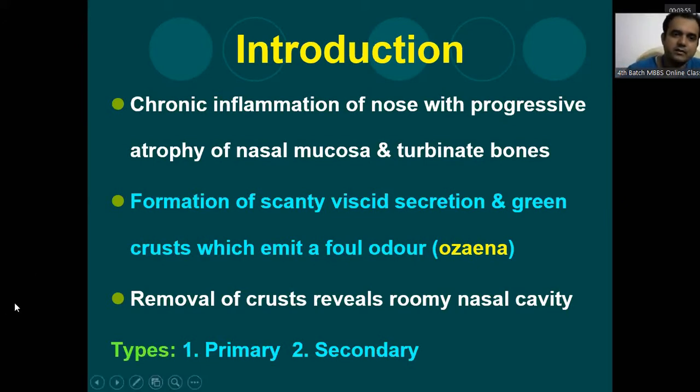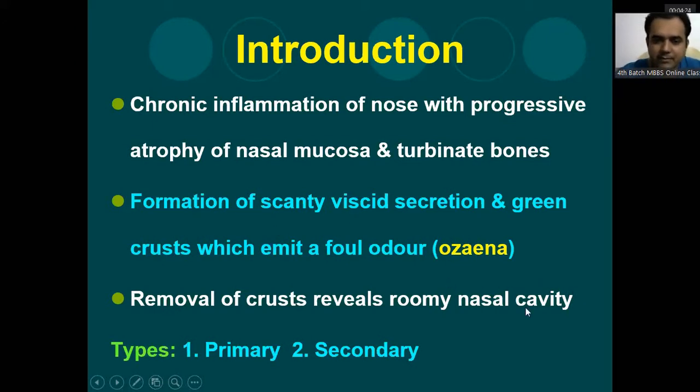So this is an important point: atrophy of nasal mucosa and turbinate bones. Till now, all the time we were talking about hypertrophy of nasal mucosa, but here there is atrophy of nasal mucosa. Formation of scanty viscid secretion and green colored crust which emits a foul odor. So this thing is called ozena. And removal of this crust reveals a roomy nasal cavity.